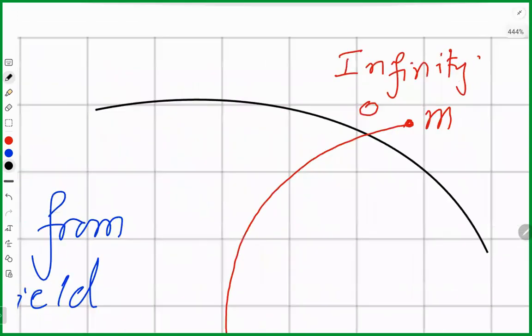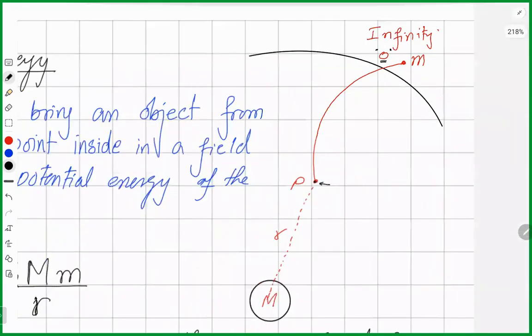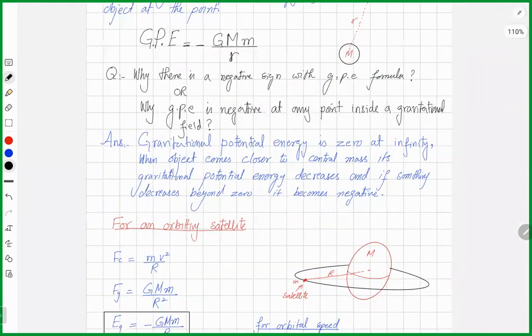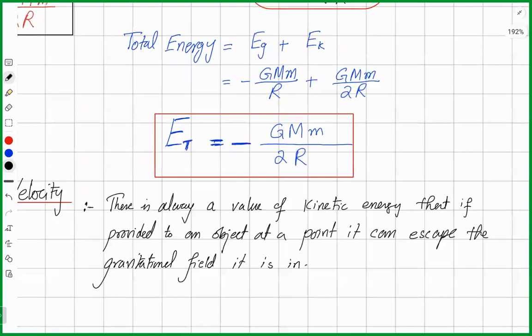And in order to make it go to infinity, what should be the value of energy it should have? Zero. So we have to find out how much energy we have to provide so its energy becomes 0.